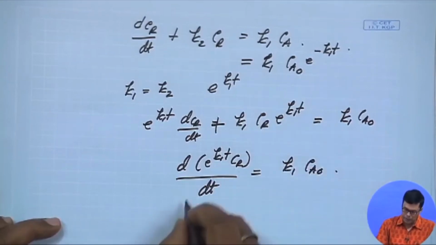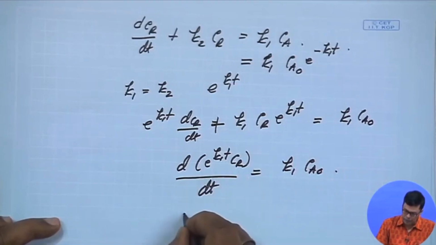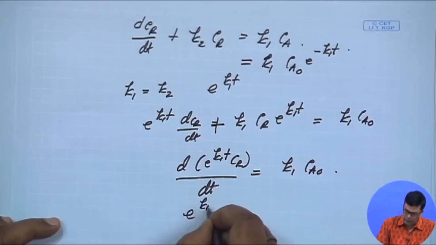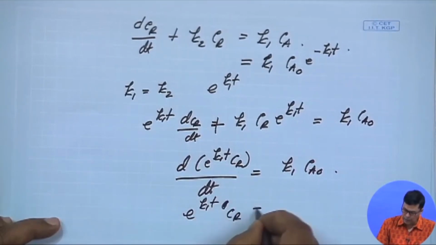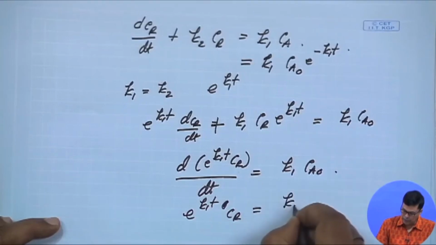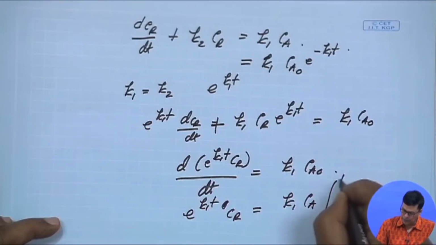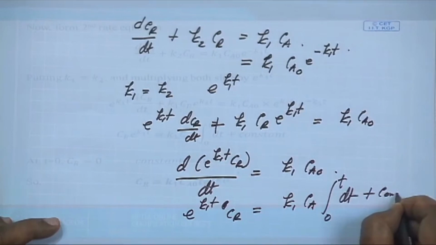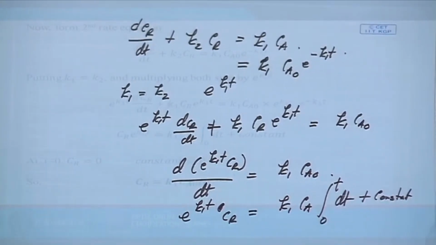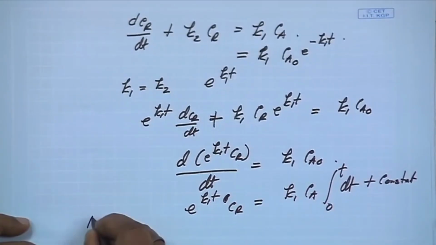Okay. Now if we integrate this equation, we can write e to the power K1t into Cr equals K1 Ca0 integrated from 0 to t, plus a constant. So we can write it like this. Now here we can put the boundary condition. What is the boundary condition?